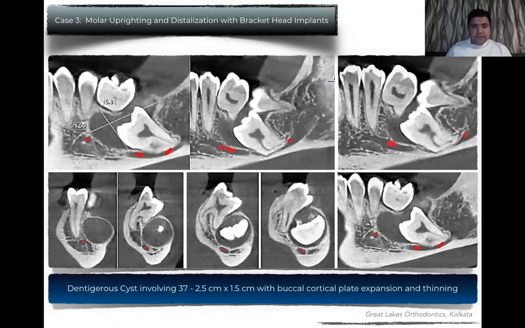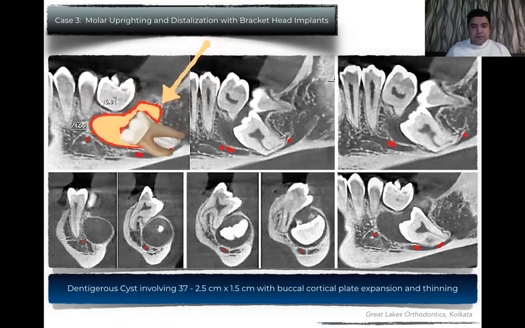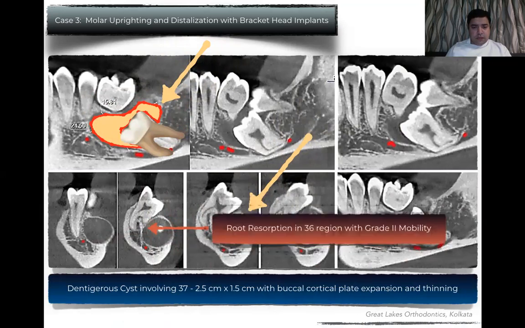When we analyze the cyst with a CT scan, we note that the dentigerous cyst is about 2.5 centimeters by 1.5 centimeters in diameter. That's quite large. There is buccal cortical plate expansion and thinning. We also noted root resorption in the 3-6 region with grade 2 mobility.